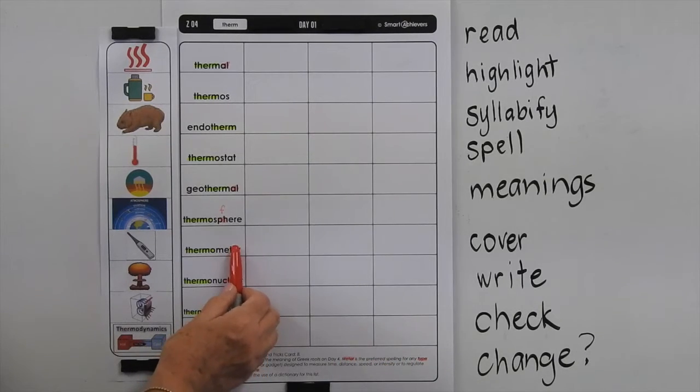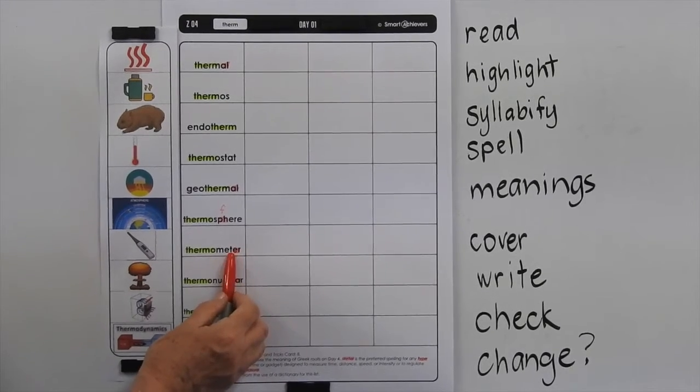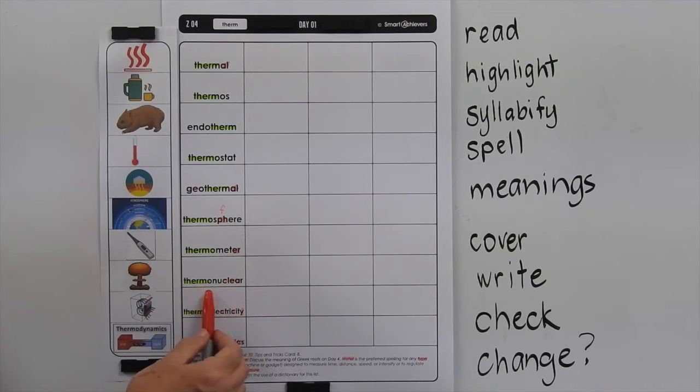Now when we have RE at the end of it, which indicates it's a Greek word once again, we know that we're referring to a unit of measure. So just be aware of that. ER is a device and RE is the unit of measure.